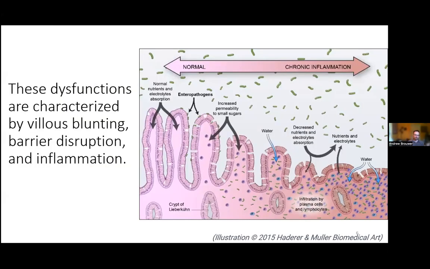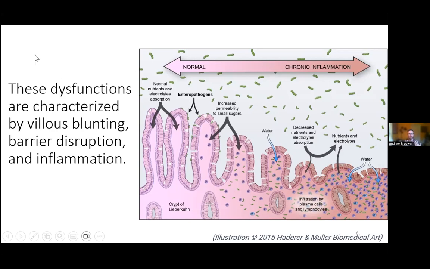These two gut function disorders in particular are characterized by similar syndromes of symptoms. These can include things like villus blunting. In the small intestine, you have all these finger-like villi that are absorbing nutrients. What happens in these syndromes is that the villi get blunted, so they become flatter, as we can see going from left to right in this figure.